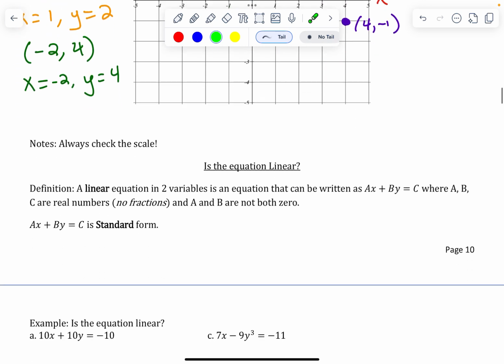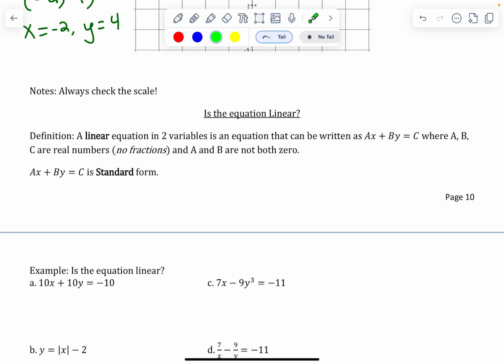So the next one says, is the equation linear? The definition of a linear equation in two variables, that means we have an x and a y, two variables, is an equation that can be written as ax + by = c, where a, b, and c are real numbers, not fractions, and a and b are not both 0.